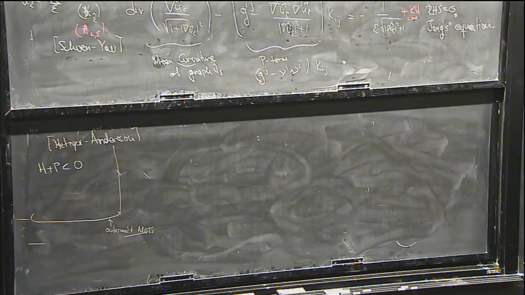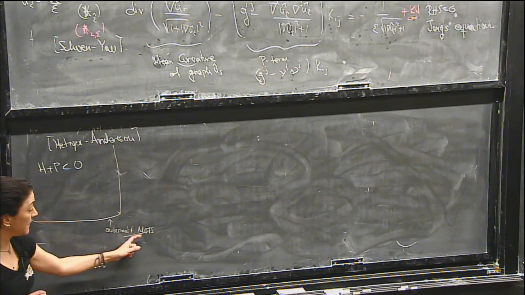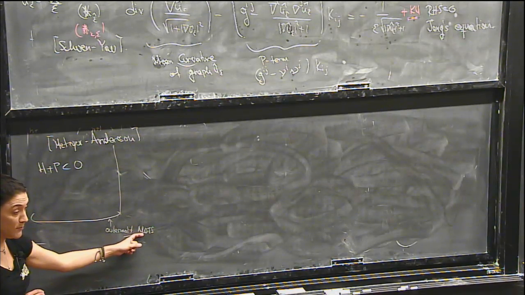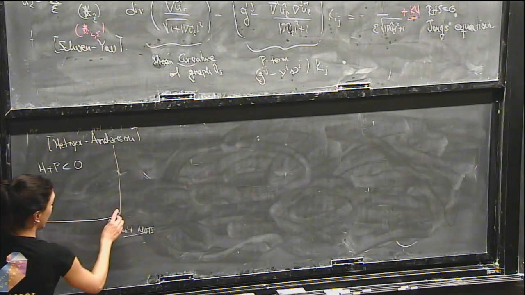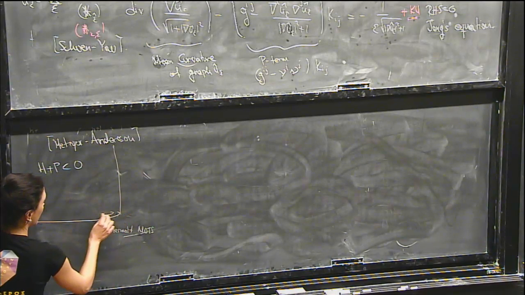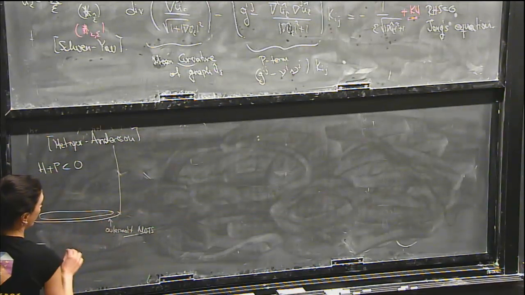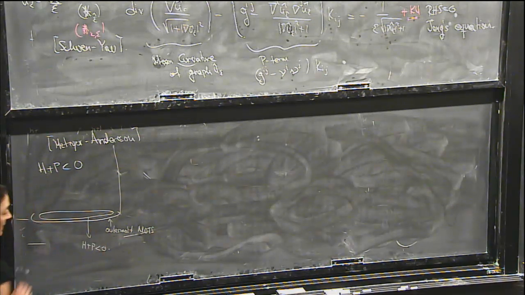By changing the data a little bit and using the fact that the outermost MOTS is stable, there is a notion of stability for MOTS, they were able to change the data inside a tiny little bit to get, very close, a surface that satisfies H plus P negative.